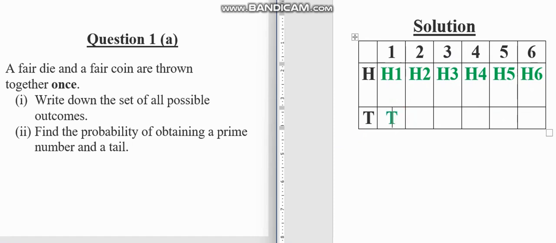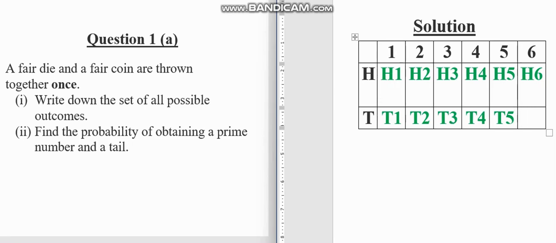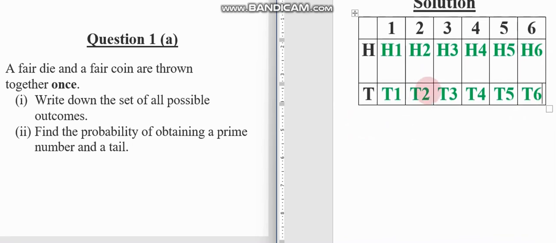So here will be T1, T2, T3, T4, T5, and then the last one T6. So as you can see, we are having a head and a tail. So the ones in the green color are the set of possible outcomes.